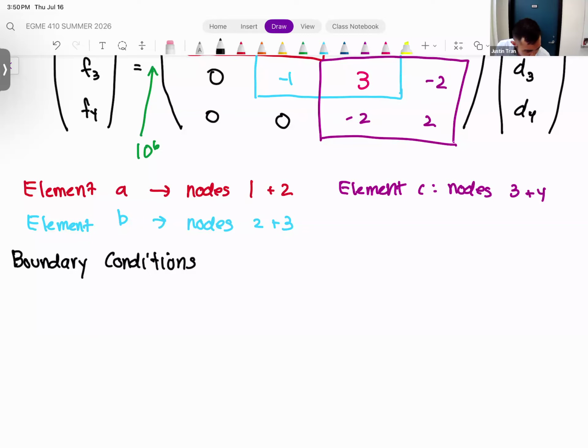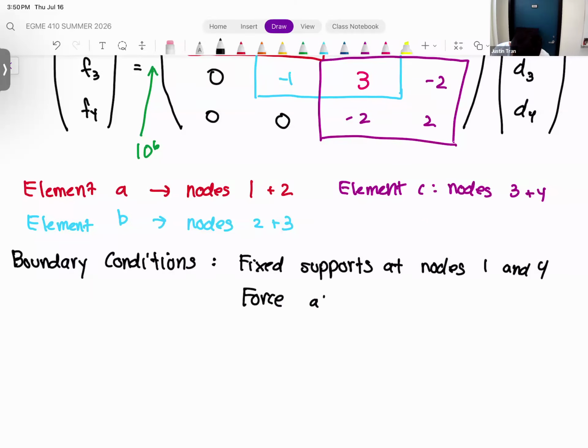Okay, so we have three boundary conditions in this case. We have a fixed support at node 1, a fixed support at node 4, and a force applied at node 2. So let's go ahead and apply those.